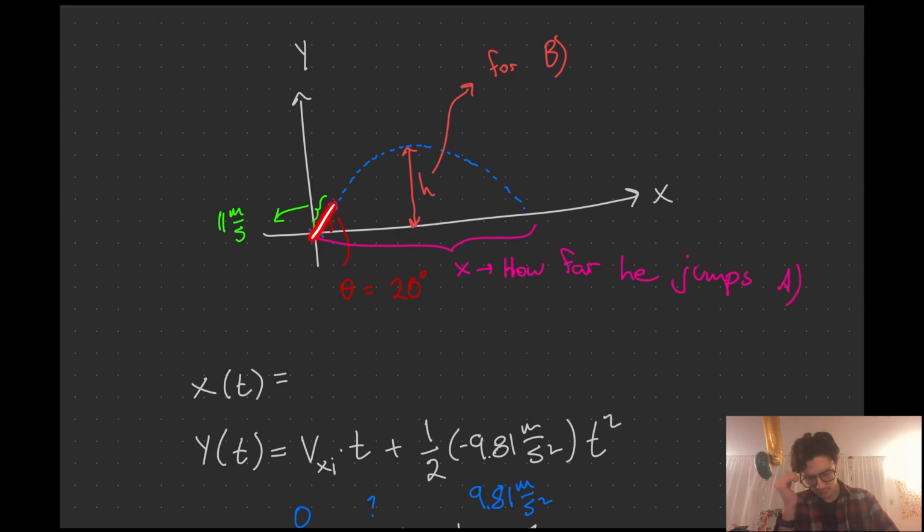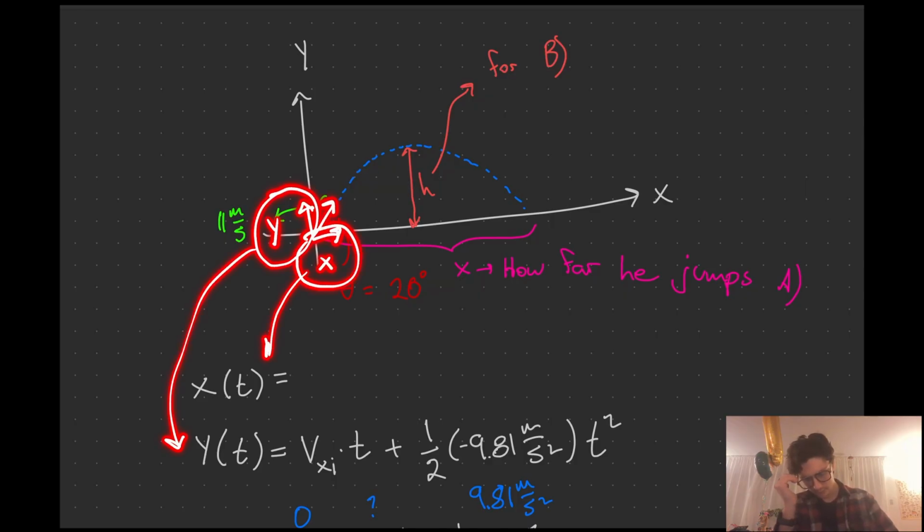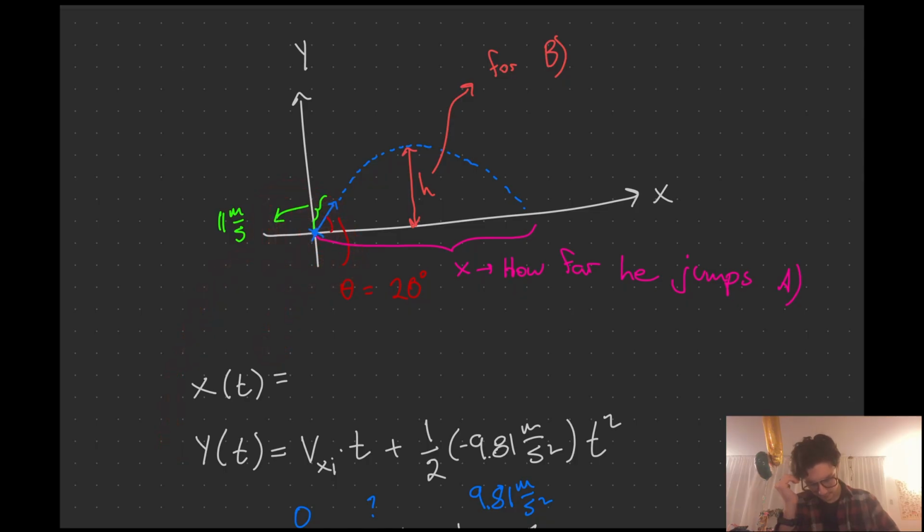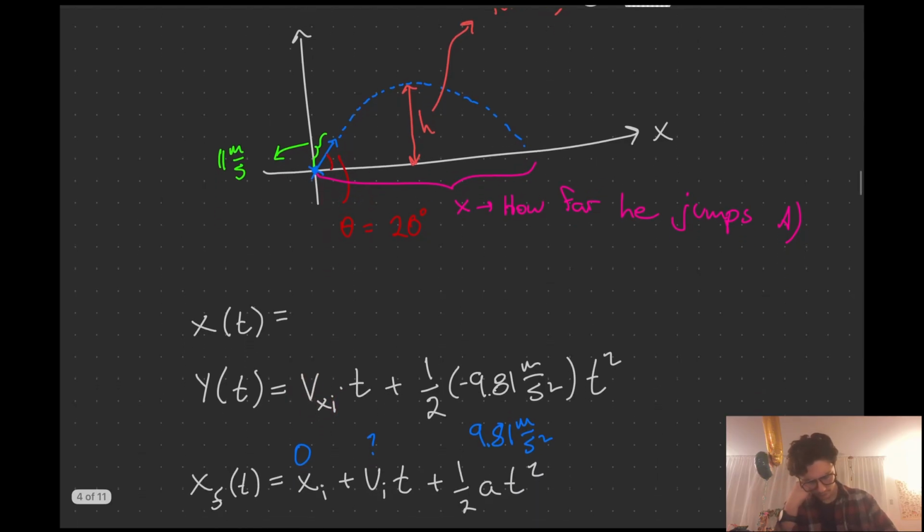The velocity vector here has to be broken down into its x component and its y component, and those things go into their respective equations. This is the x that goes here, this is the y that goes there. And I've conveniently labeled it Vx initial, because this is the v in the x direction initially. And then, oh, my bad, actually, I should have put Vy here, no?